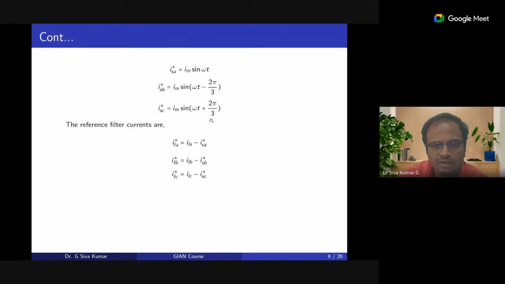Once you substitute it, you get these currents. ISA is equal to Im sin omega t, and ISB is equal to Im sin of omega t minus 120 degrees. These are the reference source currents which are expected when you are going to use the distributed static components. Now you get the filter current by subtracting from the load current, ILA minus ISA star.